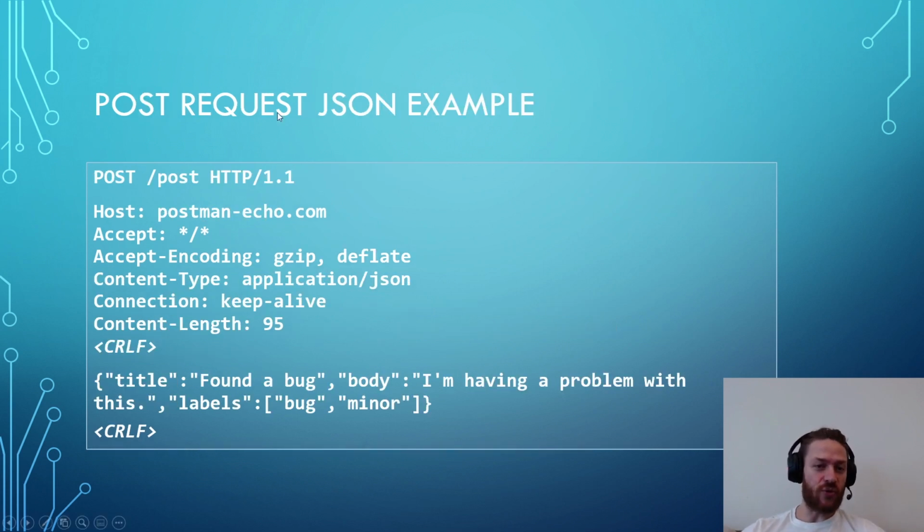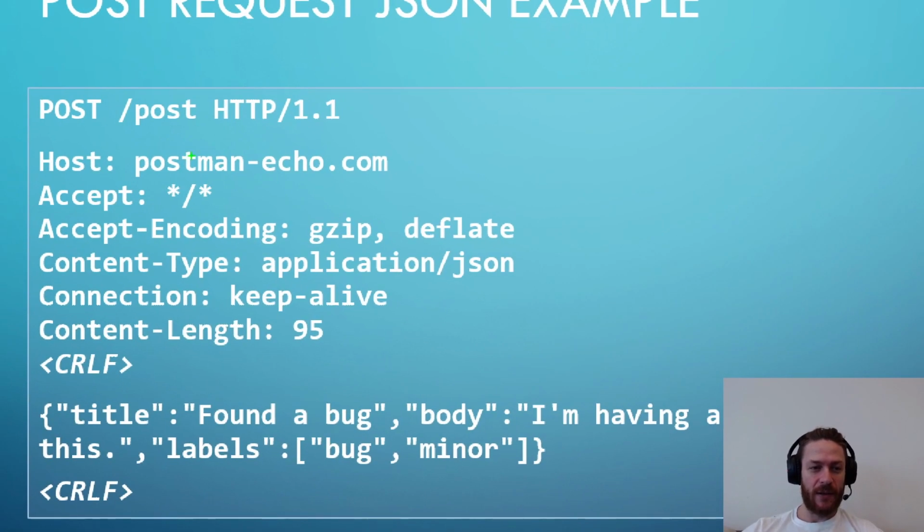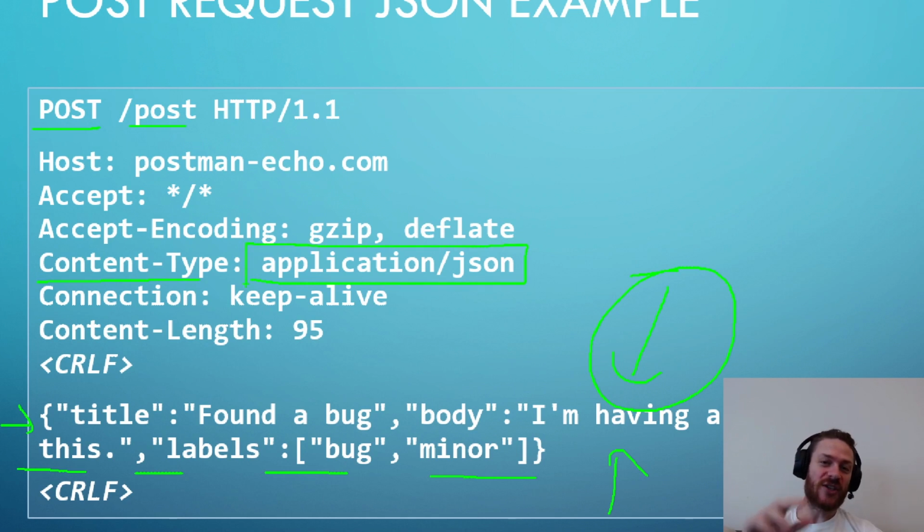Here is post request JSON example. It's exactly the same. We have a post request, we have the JSON in the body, but the important part here is in order for our server to understand that this is a JSON body, we need to set the content type too. So if you are making an AJAX request manually, you need to understand what kind of data you are sending to the server.